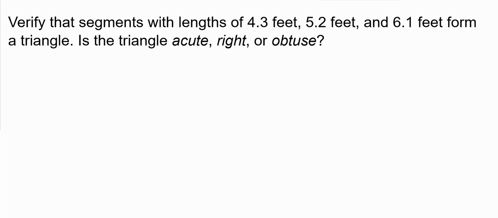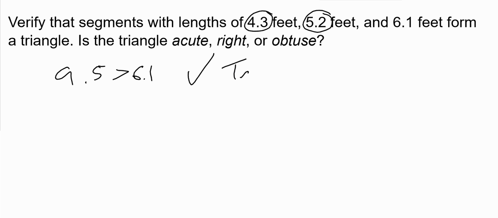So if we want to verify the segments can form a triangle, we remember from our triangle inequalities, we look for our two smallest sides and add them up. If that is larger than 6.1, sure, it can be a triangle. Okay, so now that we know that it can be a triangle, is the triangle acute, right, or obtuse?